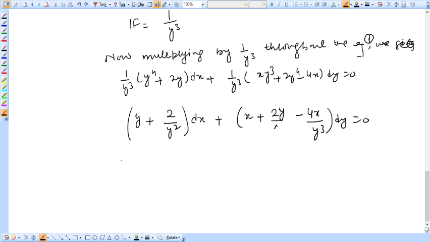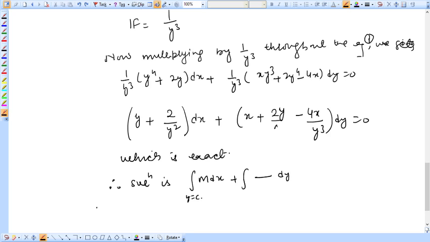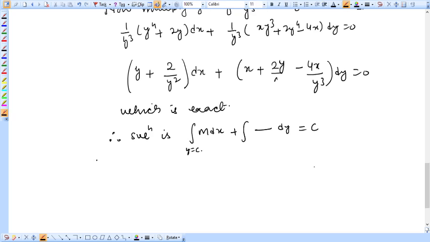Therefore, which is exact now. Therefore the solution is the integral of M dx, with y held constant, plus all those terms of N which do not contain x, equal to a constant of integration.